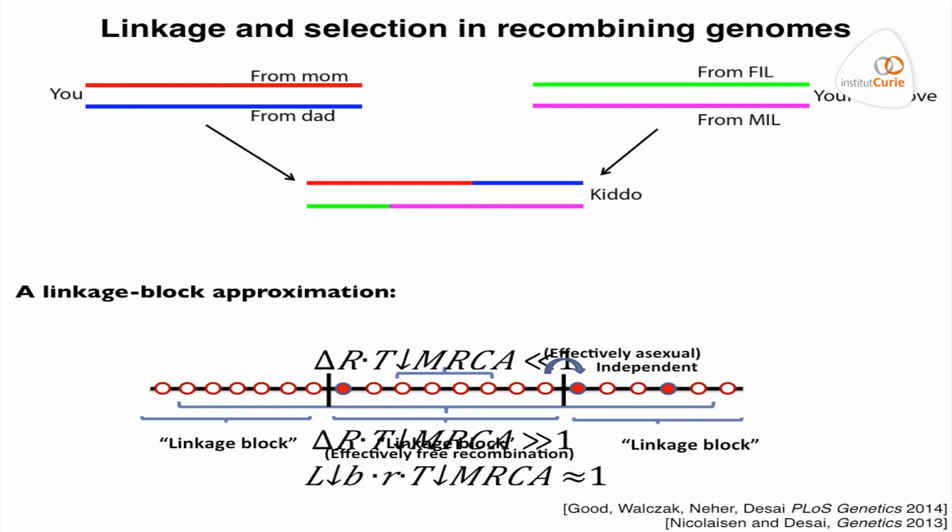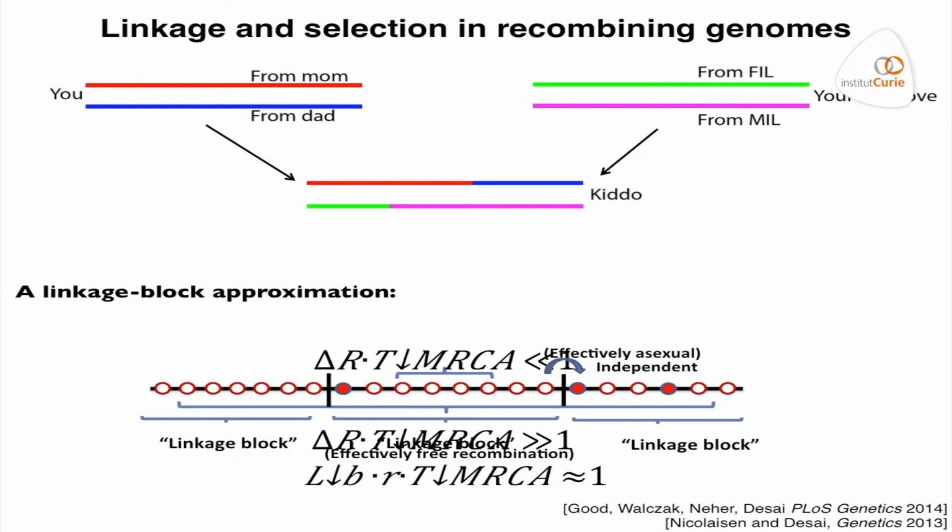Basically, the idea is that we all have this genome, okay? If we consider regions of the genome that are very far away, such that in the time since the common ancestor there will have been lots of recombination events between these two sites, these are basically evolving effectively independently, okay? Because one comes from one set of parents, the other comes from some totally different set.